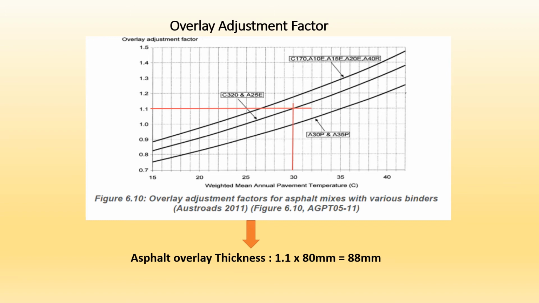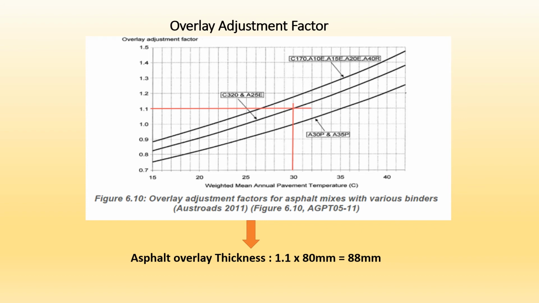It depends on the binders, so this factor will be different. Here, the overlay thickness would be 1.1 multiplied by 80 mm, which gives 88 millimeters. So we round this up to 90 millimeters.